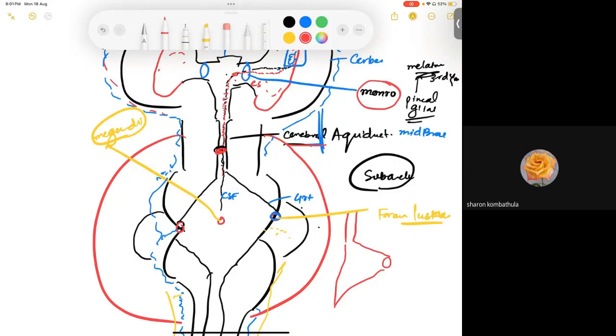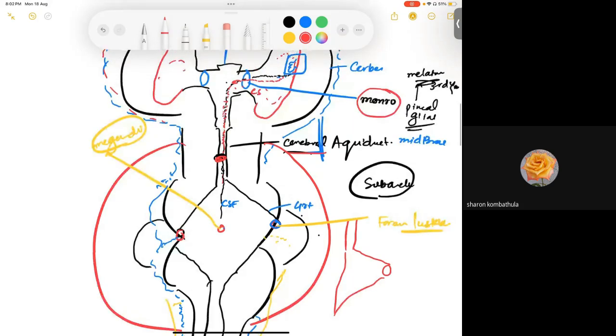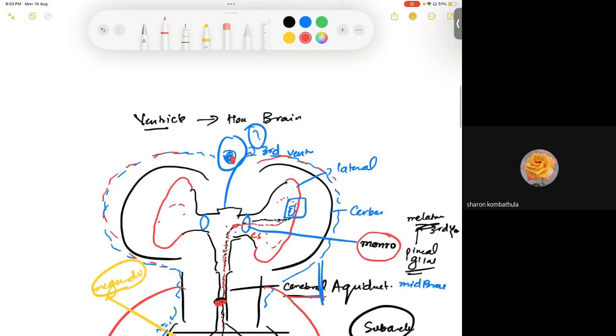The fourth ventricle has three foramina, two lateral, the foramina of Luschka, and one posterior, the foramen of Magendie. They drain all of the CSF into the cisterns or the subarachnoid spaces. From the subarachnoid space, the CSF circulates all around your spinal cord and your brain. In the end, it gets to the superior aspect of your skull.